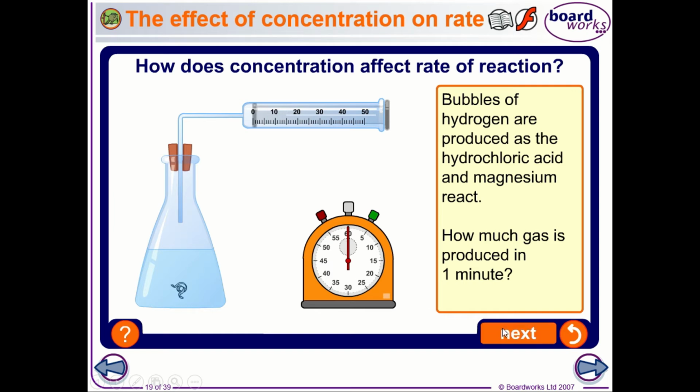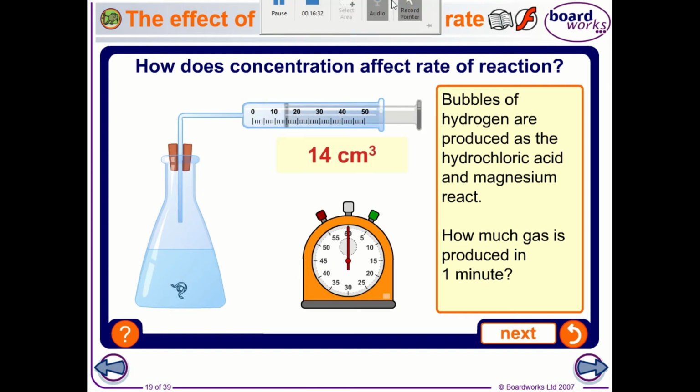So how much can it produce in 1 minute? Okay, in 1 minute, it was able to produce 14 milliliters of hydrogen gas.